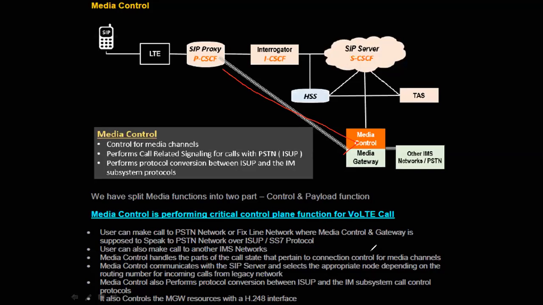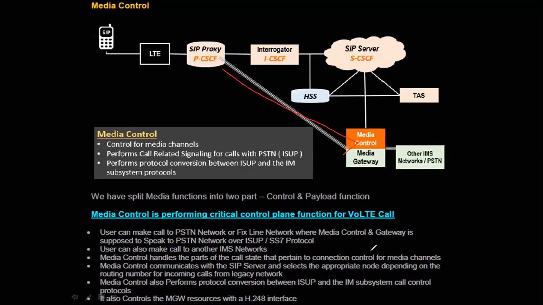A user can make a call to the PSTN network or fixed line network, where the media controller and gateway is supposed to speak to the PSTN network over the SS7 protocol or ISUP protocol. Generally we are not learning about this, because it matters once you are a SIP engineer or IMS core engineer.